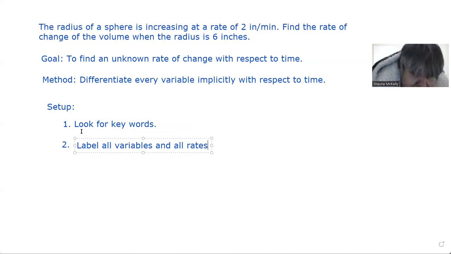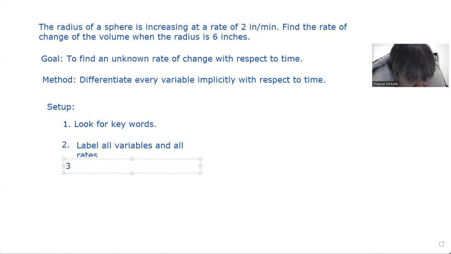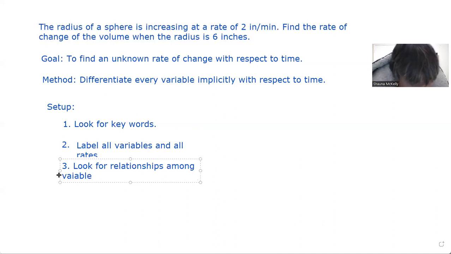And then this is the part that usually is problematic, this third step. This third step is the whole crux of the idea. Assuming that you've correctly identified everything in step 2, the third step is to look for relationships among variables.